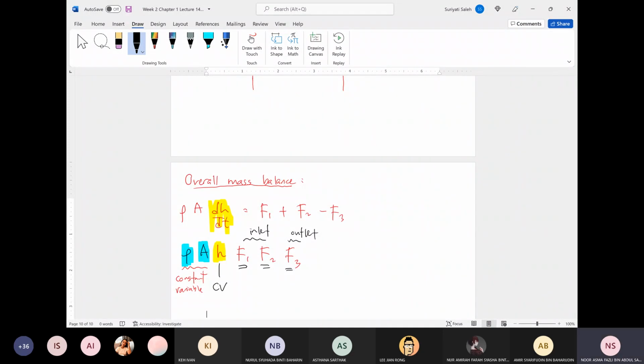So in this case, normally for the level, we will use the outlet flow rate as our manipulated variable. Why? Because if we try to use the inlet, here you have two inlets, and the inlet will first affect the liquid.